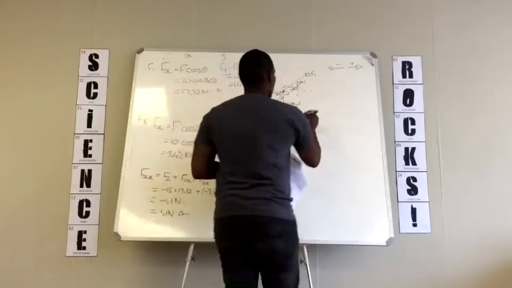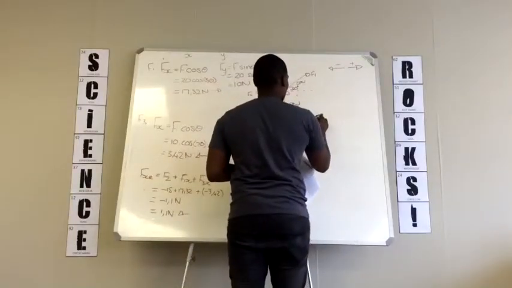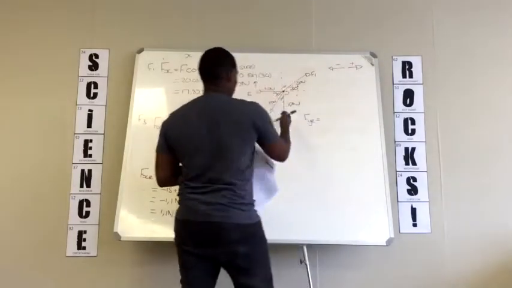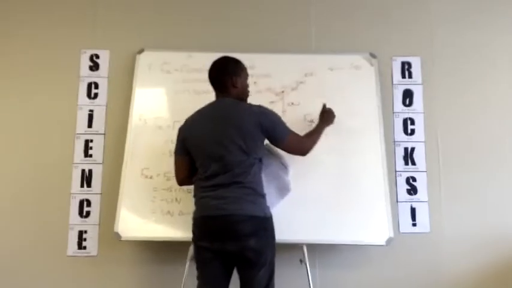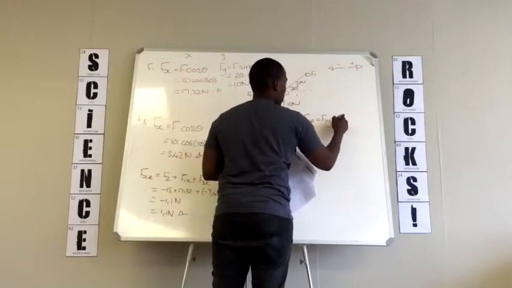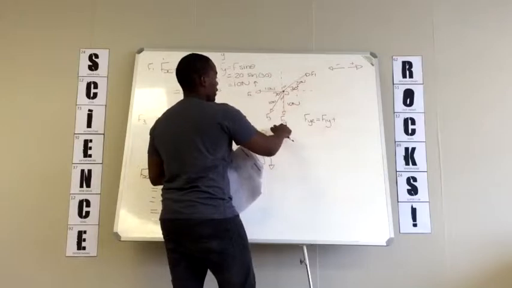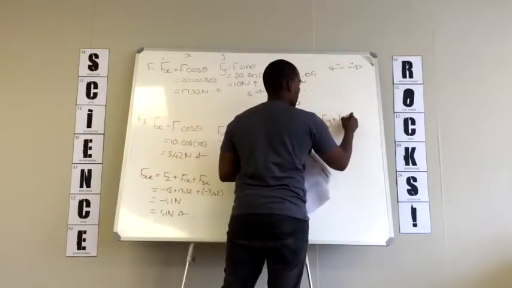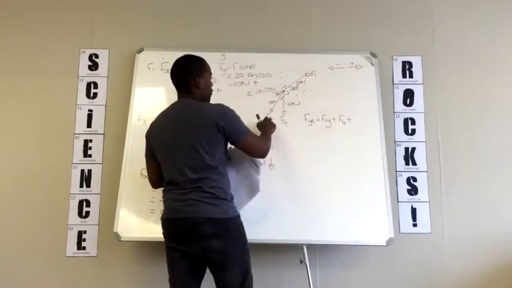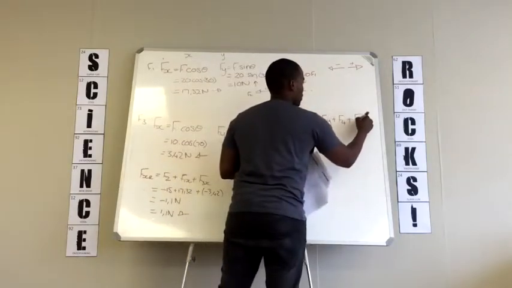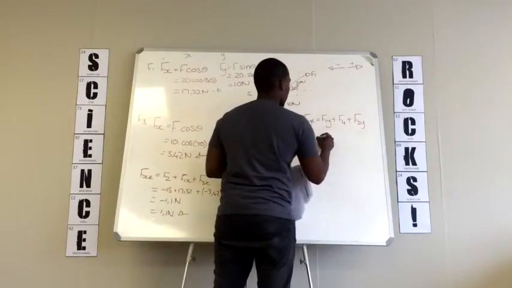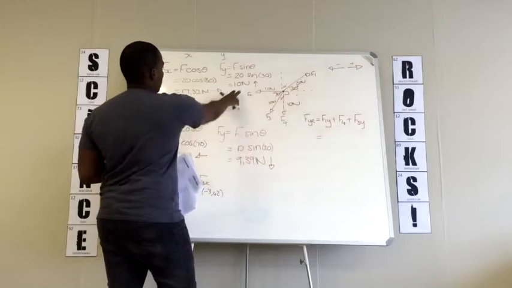Sweet. So let's now find our resultant in the y. Fy resultant is going to be the y component of F1, F1y, plus F4 coming down, F4, plus the y component of F3, F3y. F1y we have up there, which is 10 newtons upwards.